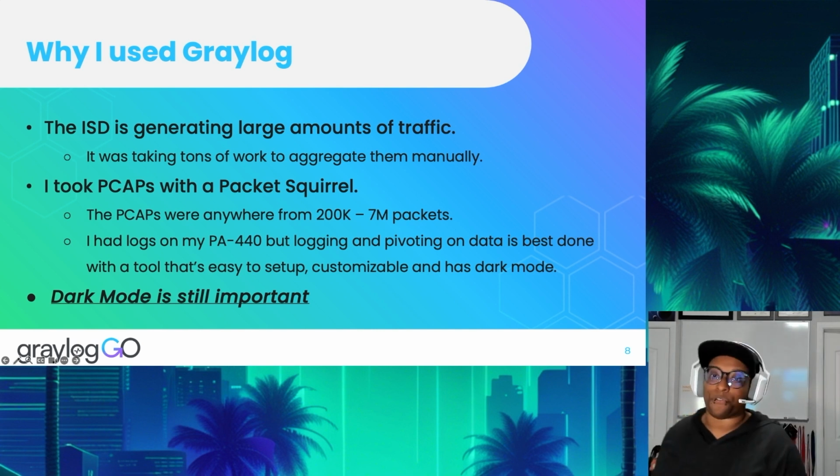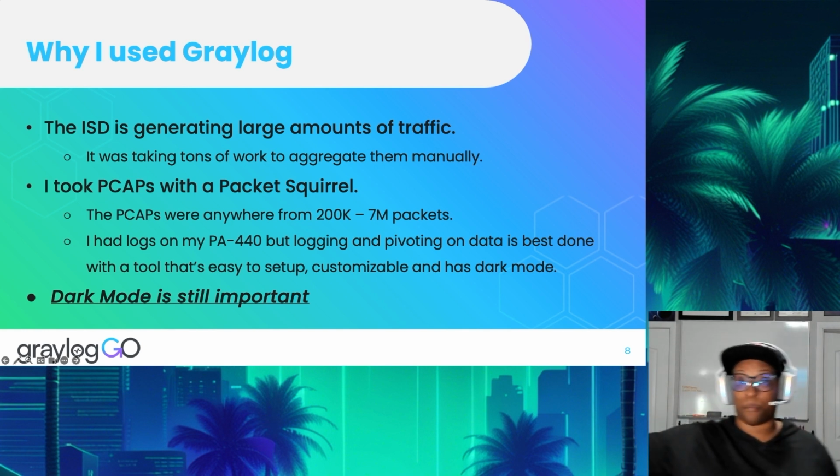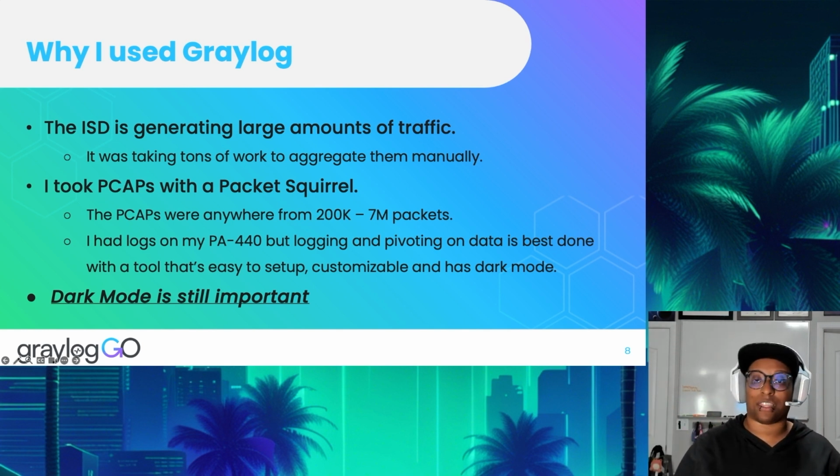Looking at these types of devices, you might have to be looking at weird hours of the night, your daytime versus what you think might be their nighttime, stuff like that. I don't want to sit down at my desk and be blinded when I open a UI. Dark mode is everything. So I picked Graylog because it had dark mode.